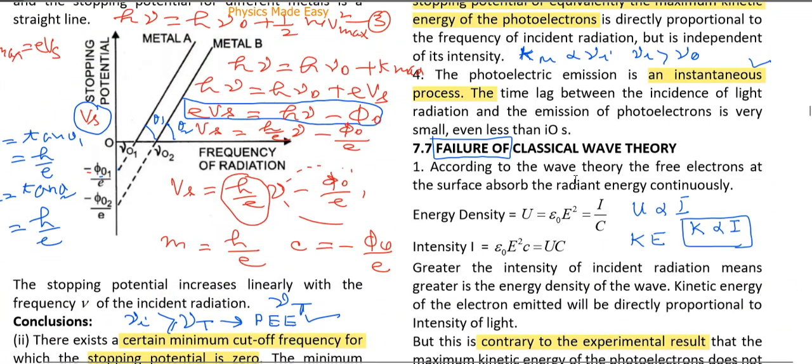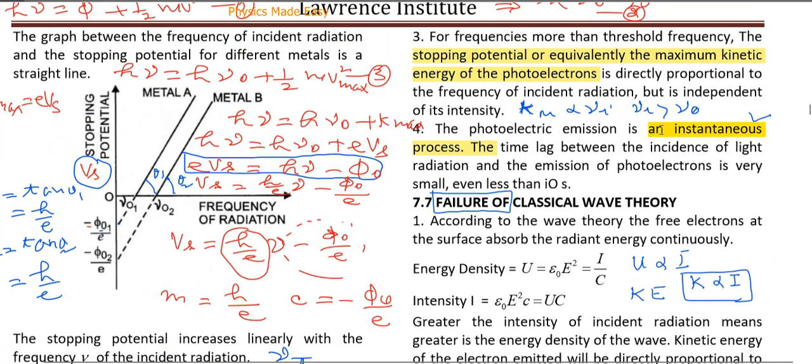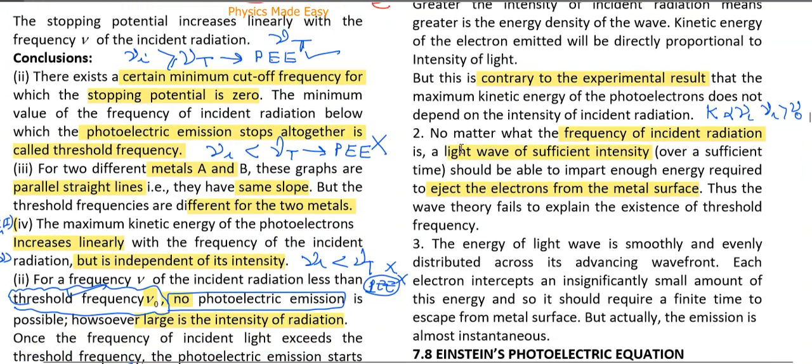Experimental observation says that the photoelectric effect is an instantaneous process. Once the light falls, within nanoseconds the photoelectric effect takes place. There is no time lag between the incidence of light radiation and emission of photoelectrons.